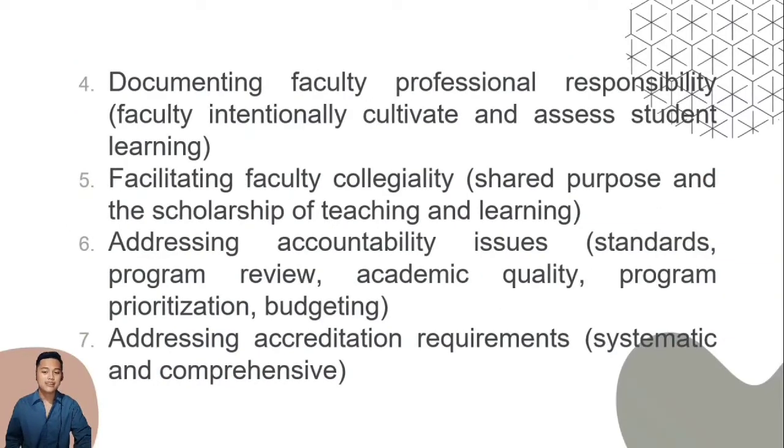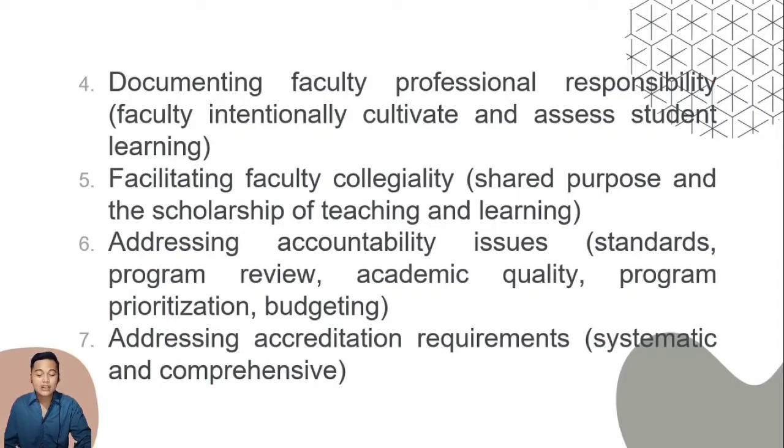The fourth benefit is documenting faculty professional responsibility, so faculty intentionally cultivate and assess student learning. Then next is facilitating faculty collegiality, shared purpose, and the scholarship of teaching and learning. Next, addressing accountability issues: standards, program review, academic quality, program prioritization, and budgeting.